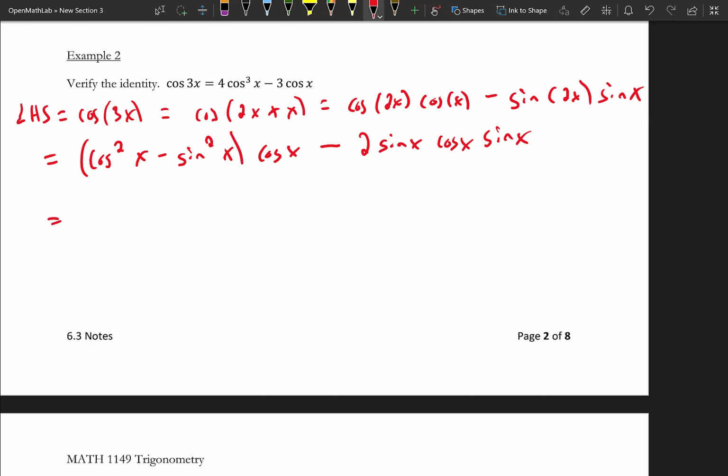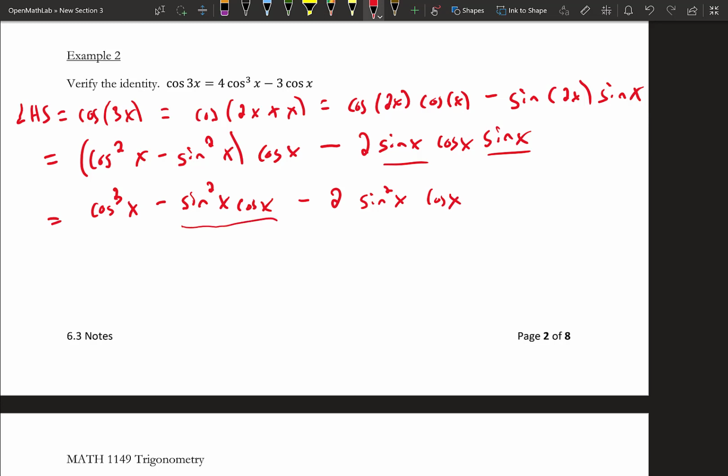Right? So then now I can distribute the cosine x through, so this would give me cosine cubed x minus sine squared x times cosine x minus 2, we could rewrite this as sine squared, right? Sine squared, because I have 2 factors of sine x, 2 sine squared x cosine x.